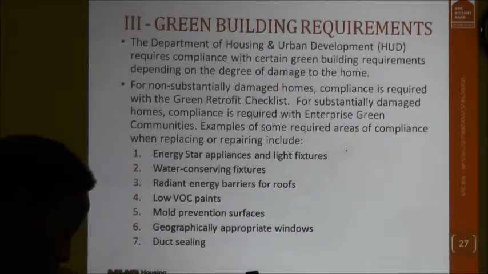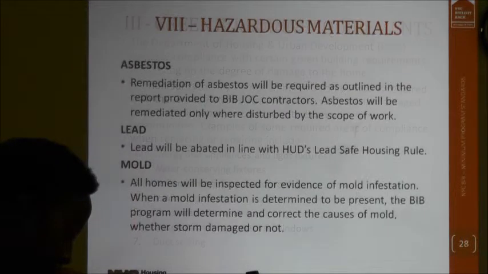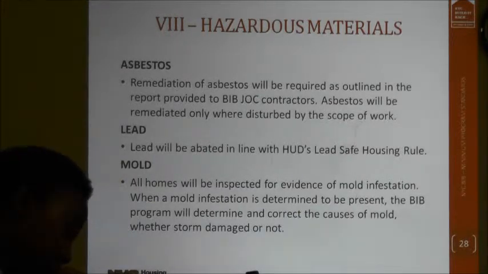We use low VOC paints, mold prevention surfaces, some duct sealing, and there's a whole other slew of requirements, but those are the major ones. As I said before, we do take care of asbestos, lead, and mold, and for mold we will try to not only abate the mold, but take care of the causes of the mold, usually some kind of water infiltration.